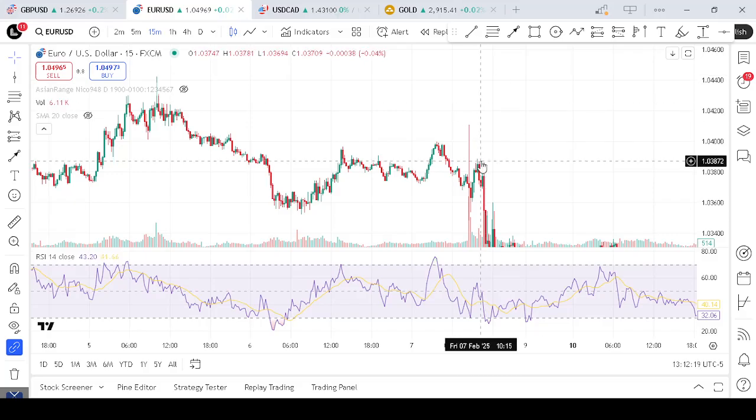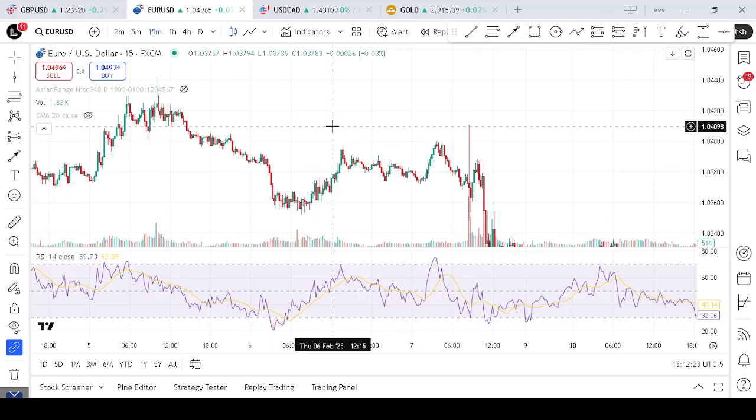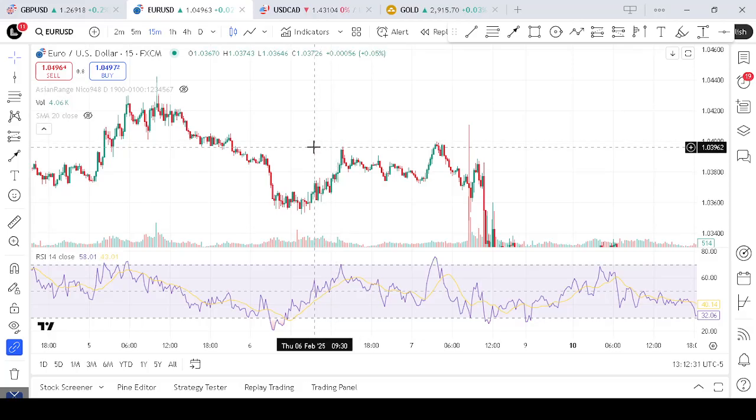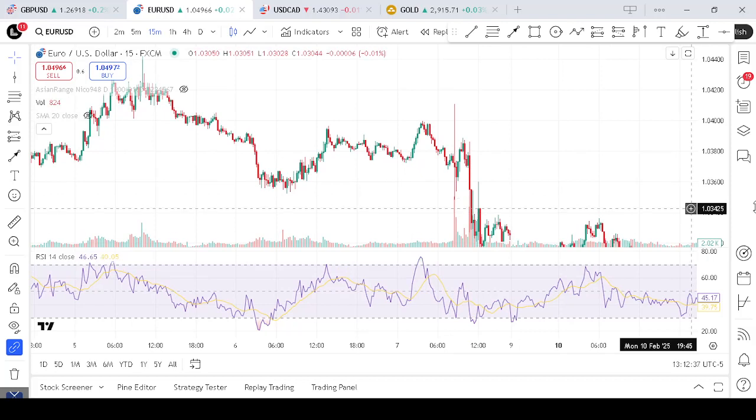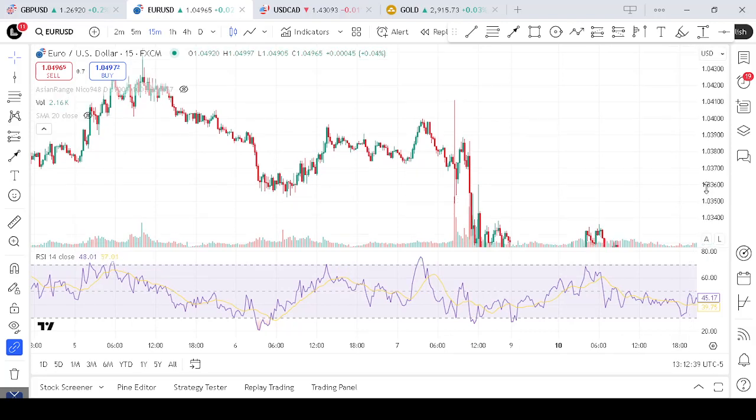Additionally, hidden divergence works effectively across multiple time frames, making it a versatile tool in your trading strategy. By mastering this concept, you can enhance your ability to identify and follow prevailing market trends with greater confidence.